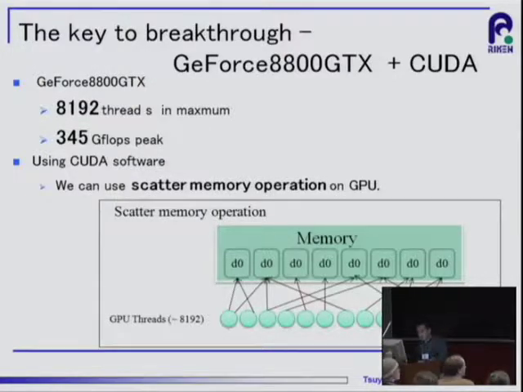Using a traditional programming language such as Cg, GPU threads cannot scatter information to any part of DRAM memory, even if we use GTX. But using the CUDA language, we can use the scatter memory operation. And fortunately, by chance, my report is the first result of the GTX and CUDA for N-body simulation.